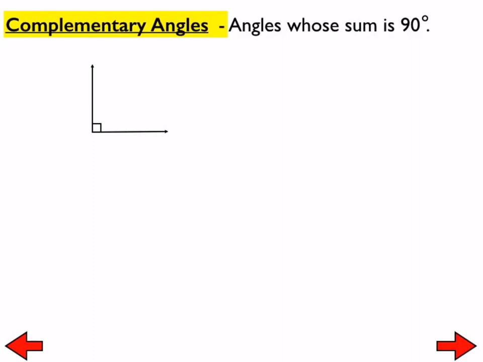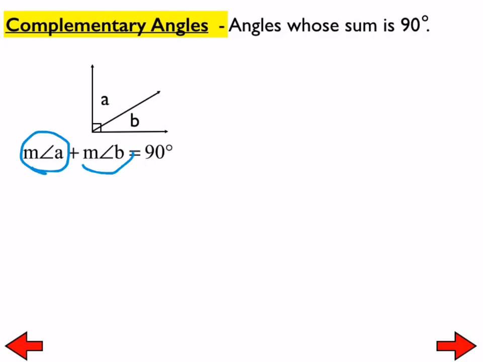So we take a 90-degree angle, and typically we know we have a 90-degree angle if we have a little square in the corner. But we have angle A and angle B. Those two are complementary because the measure of angle A plus the measure of angle B is equal to 90 degrees. So that little M out in front of the angle symbol right here, this means measure of angle A. This means measure of angle B.